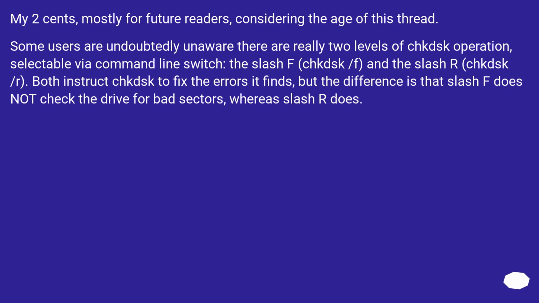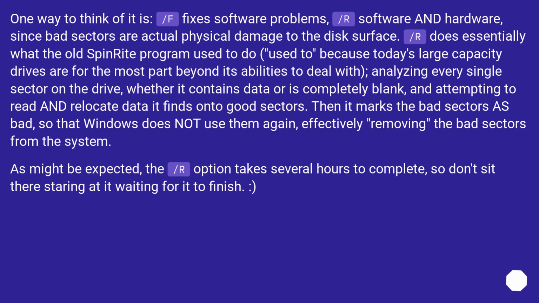Both instruct chkdsk to fix the errors it finds, but the difference is that /f does not check the drive for bad sectors, whereas /r does. One way to think of it is, /f fixes software problems, /r software and hardware, since bad sectors are actual physical damage to the disk surface.